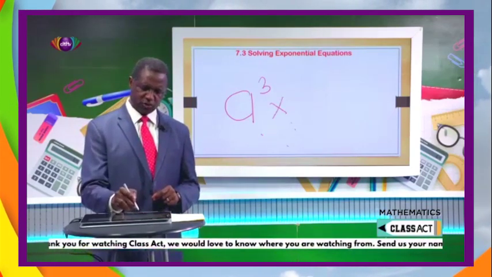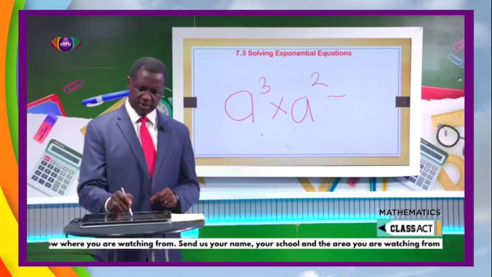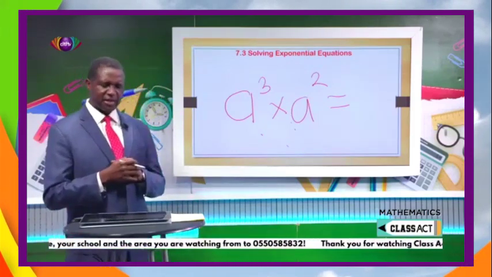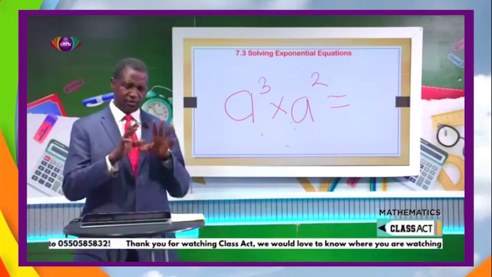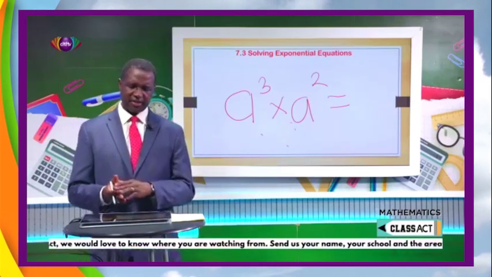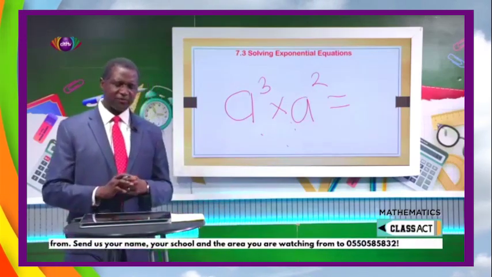I will choose to use this: a to the power of 2. If I say a to the power of 3 times a to the power of 2, how many a's do I have to begin with? 3 of them. How many a's do I have as the second? 2 of them. So what is the total number of a's that I have?